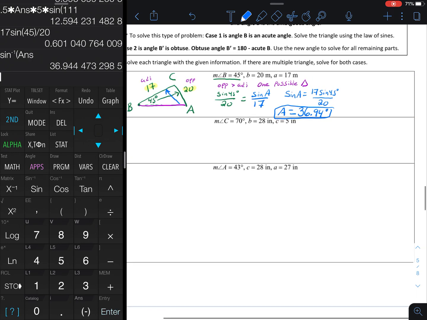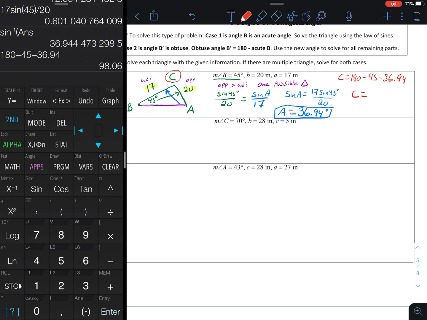And the last thing left is to find the measure of angle C. Well, we've got the other 2 angles, so C is going to equal 180 minus 45 minus 36.94, and we'll get the measure of angle C to be 98.06. All right, so there's one possible triangle. You continue to solve it just like you would for any other law of sines scenario.